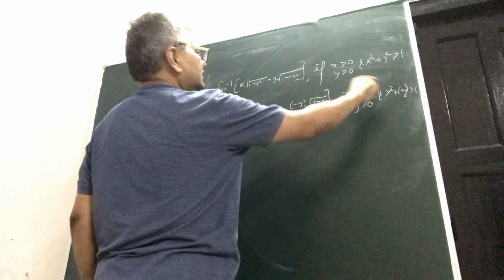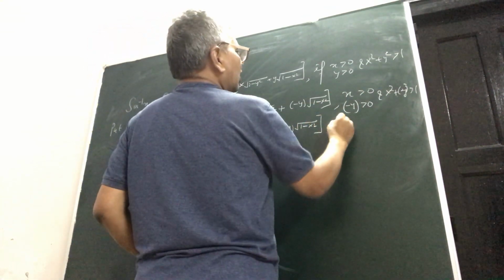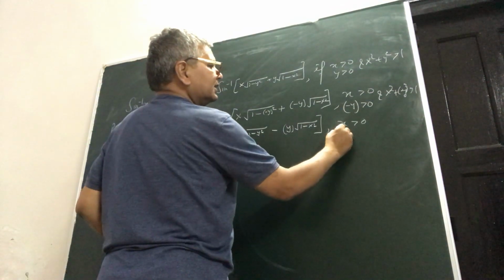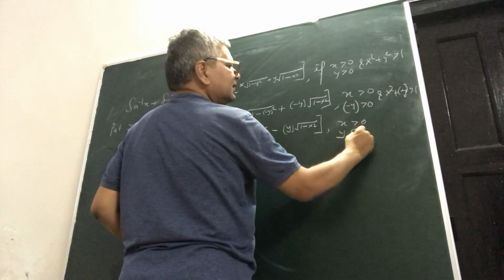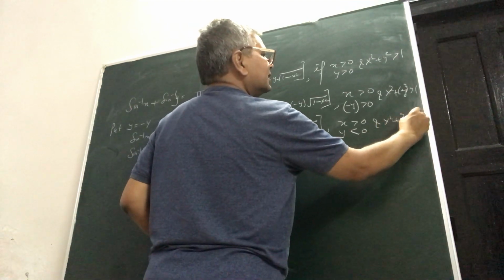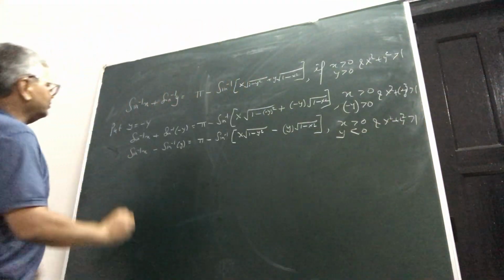And then see what this becomes. Here now x is greater than 0, minus y is greater than 0. This inequality, what you can write, multiply with minus y, and x square plus y square is greater than 1. So that will be the requisite.